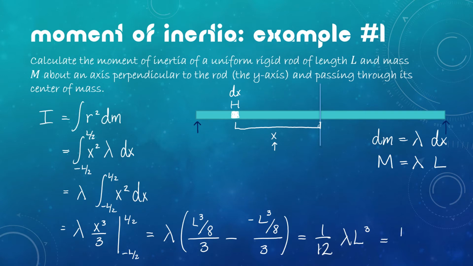So when I'm subbing in, I can say that instead of lambda, I have M over L. And that then simplifies to being the moment of inertia is equal to 1/12 ML squared.